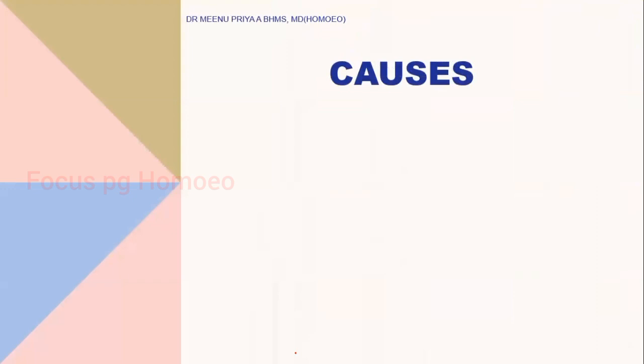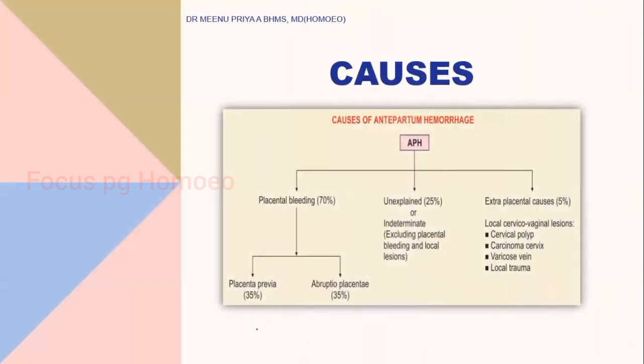Next, what are the causes of antepartum hemorrhage? The causes are divided into placental bleeding: 70% of antepartum hemorrhage is related to placental bleeding. So the problem is with the placenta. Whenever an antepartum hemorrhage case is seen, the most probable cause lies with the placenta. And 25% is unexplained or indeterminate.